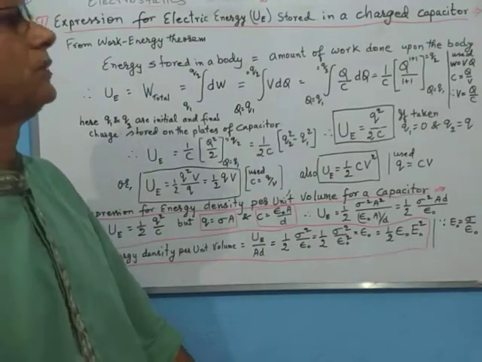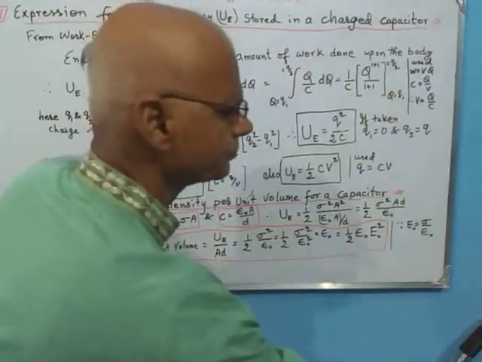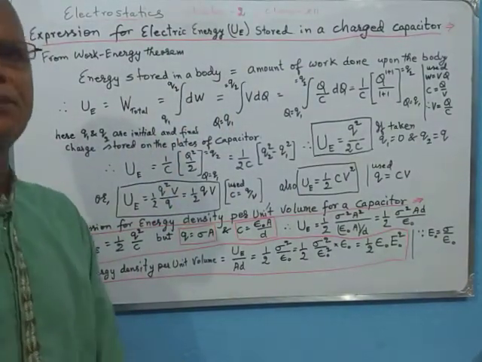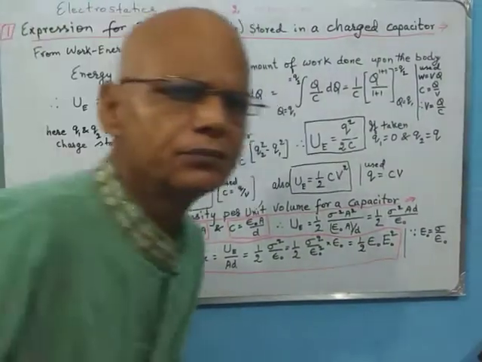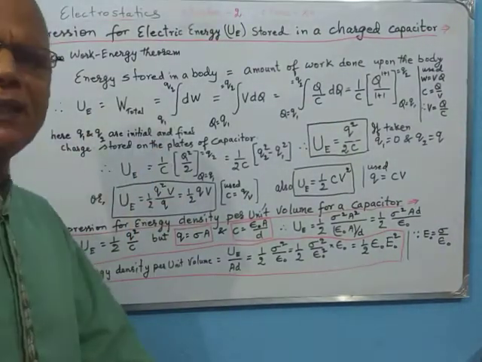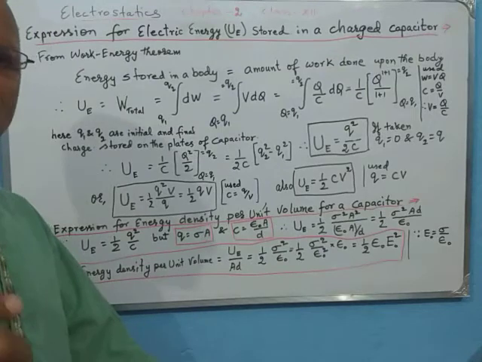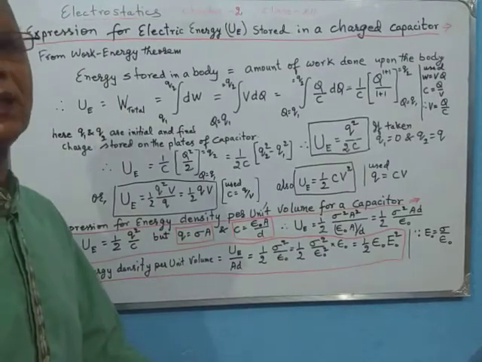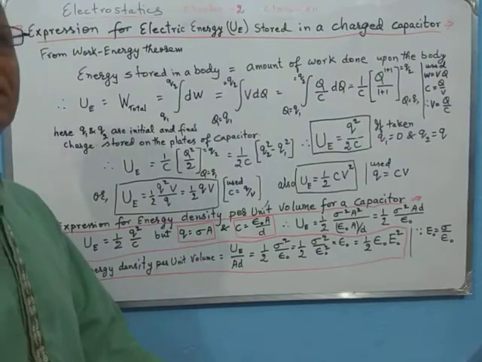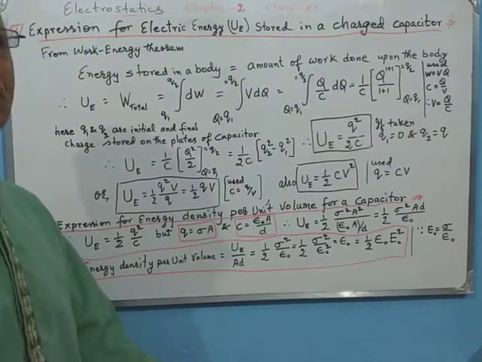Today we are going to discuss the expression for electric energy stored in a capacitor which is charged. We know from the work energy theorem that whatever amount of work is done on a body, an equivalent amount of energy gets stored in it.